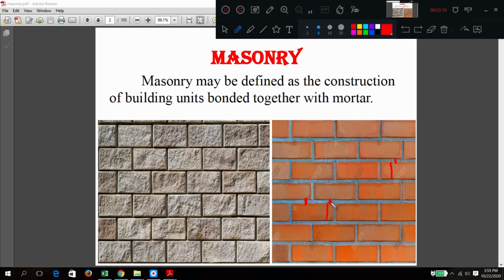This total thickness is called course thickness. Building unit thickness, the brick thickness or stone thickness, is only this much. But course thickness is this plus the mortar joint thickness. I hope it is understood now.